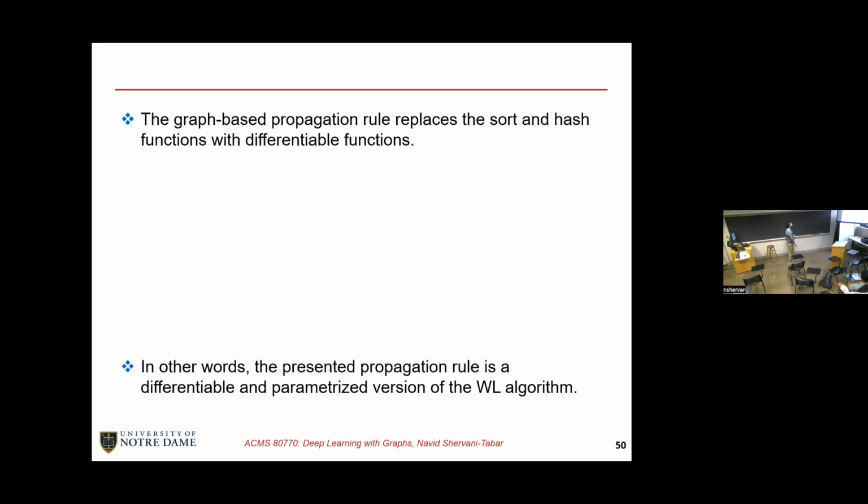Now, we can use this to motivate our problem. We can say that in graph-based propagation rules, like the simple graph neural network that we discussed, we can simply replace the sort function, that is constructing the multi-set and sorting it, and the hash function, with some differentiable functions, and that's going to be equal to the models that we had, right?